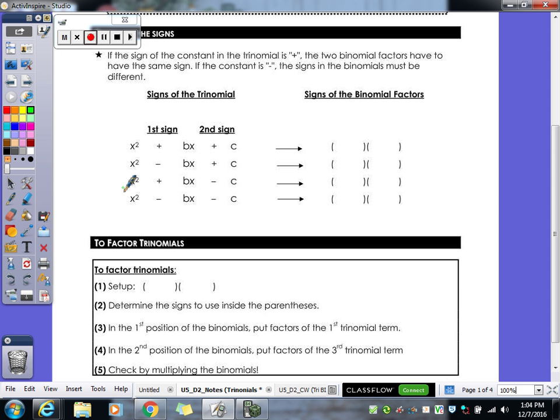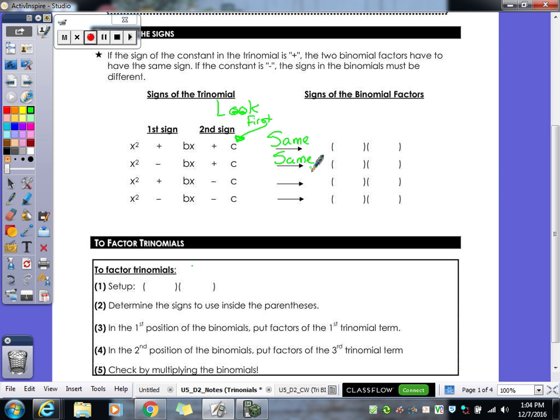What we do first is we look at the second term or the last term. And if it is positive, this is what they were trying to tell you in the video. We can watch it again afterwards if you want. If it's positive, that means signs are the same. That means they're either going to be both pluses or both minuses.